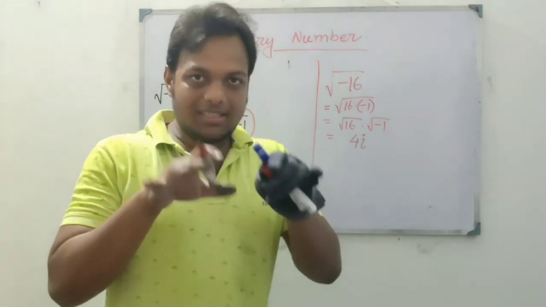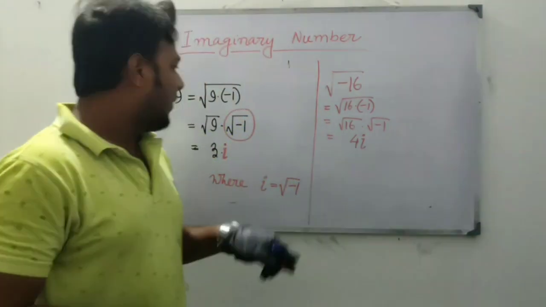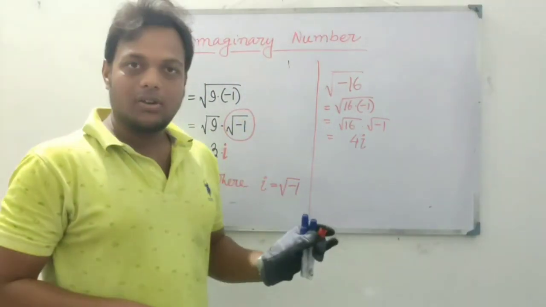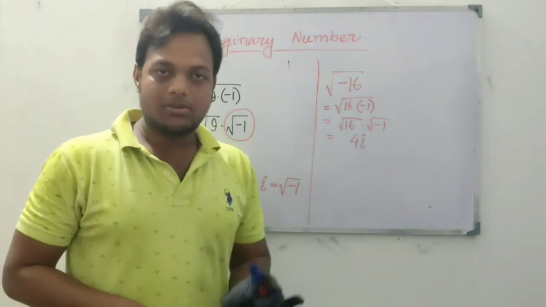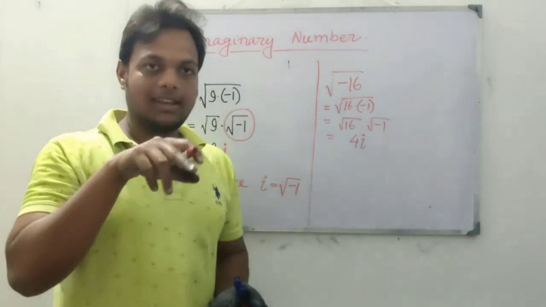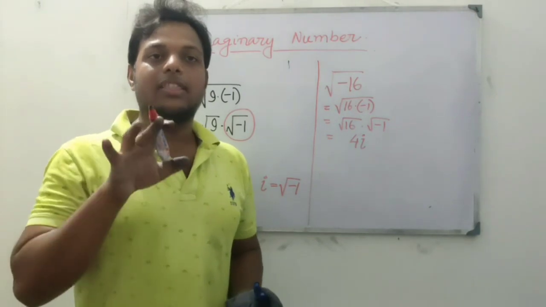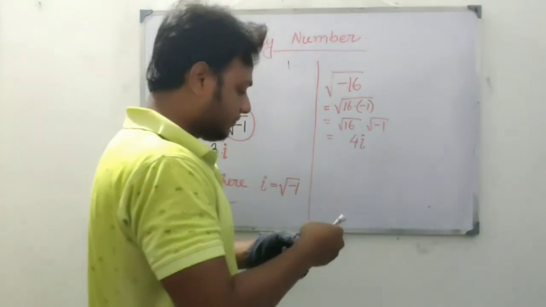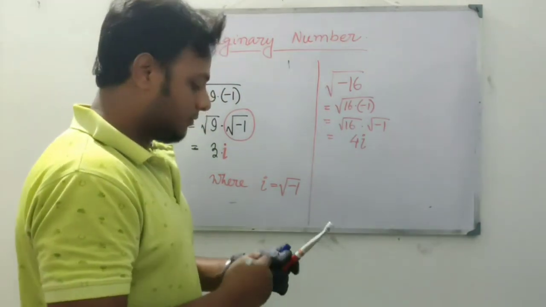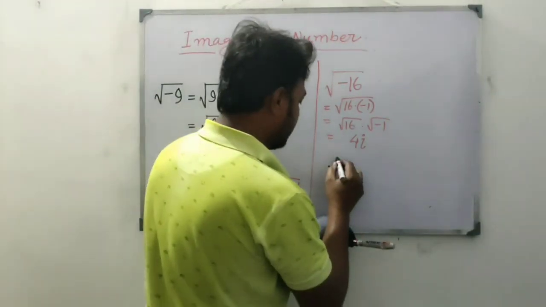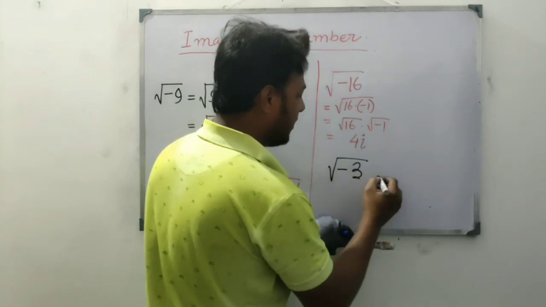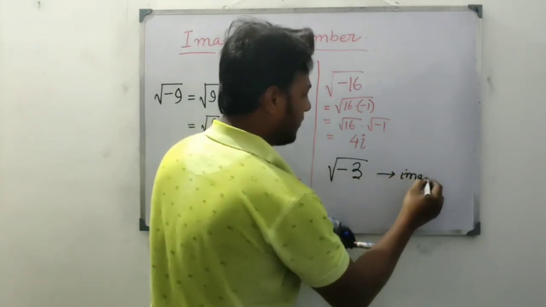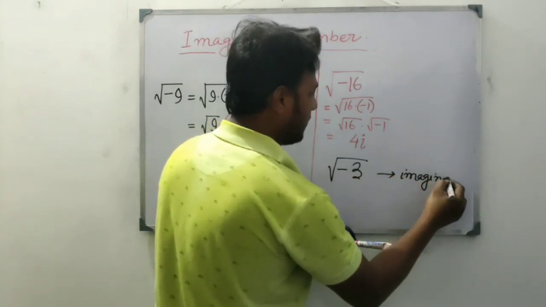So what is the main thing here? The main thing is the number within the square root. If a negative number is there in the square root, then that number must be an imaginary number. Root over minus 3, imaginary number.